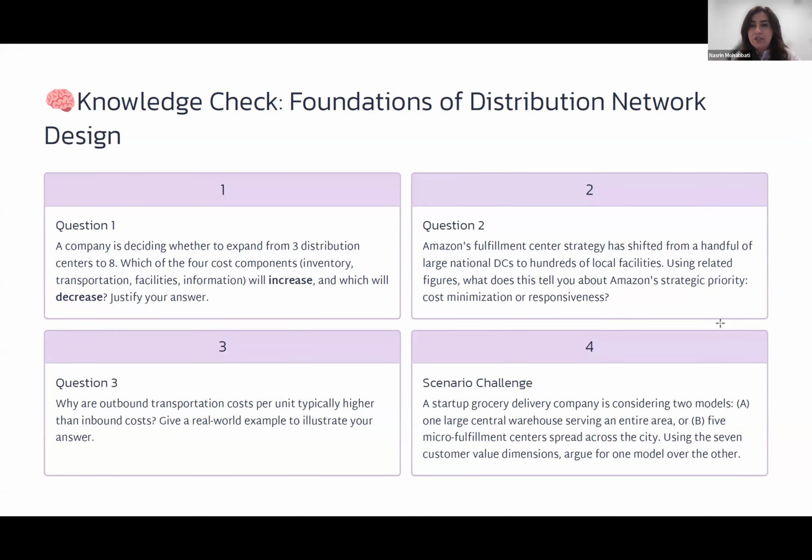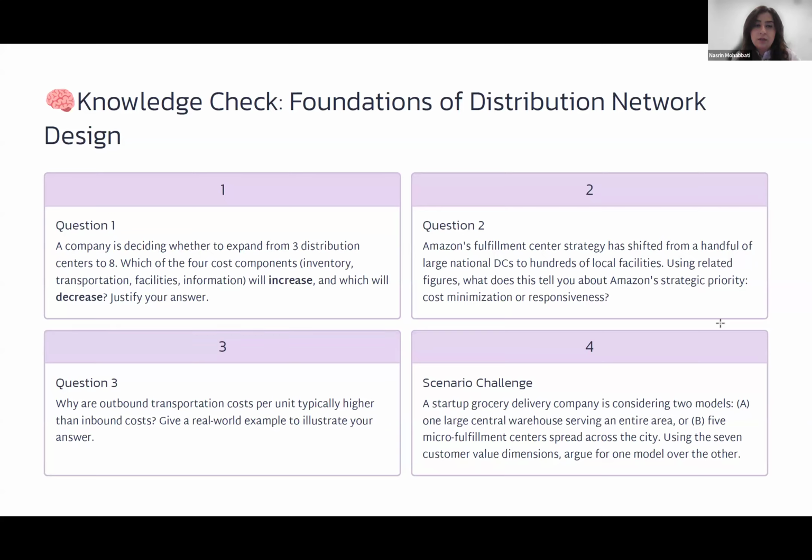So let's check your knowledge of what we just covered. Please take a look at these questions, think about them based on what we just covered, and then you can find the answers in the next slide. Question number 1. A company is deciding whether to expand from 3 distribution centers to 8 distribution centers.